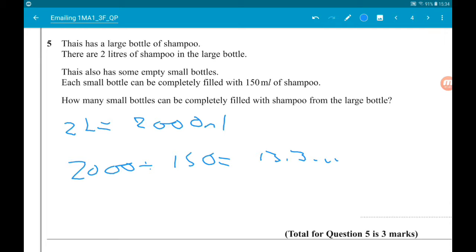Now that means then 13 bottles can be filled completely.